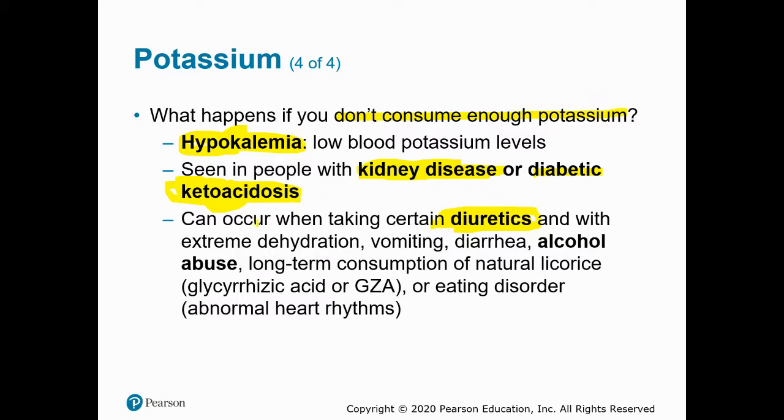And then other examples, other issues that might cause low potassium, would be extreme dehydration, vomiting and diarrhea, excessive alcohol abuse, and an interesting one, long-term consumption of natural licorice, and potentially eating disorders. So many instances in which we see the result being low blood potassium.